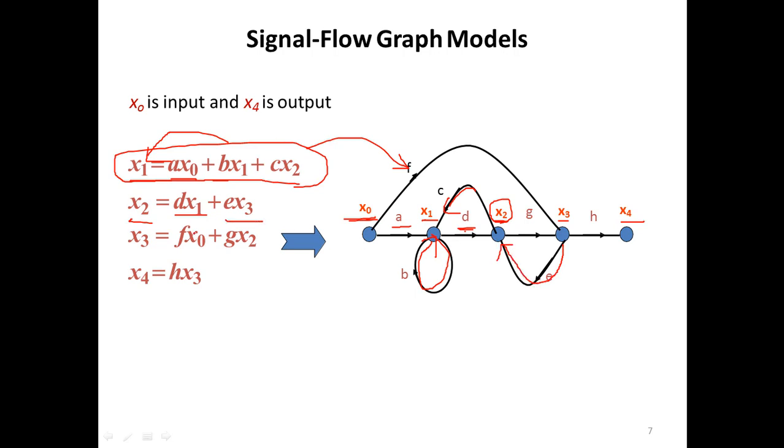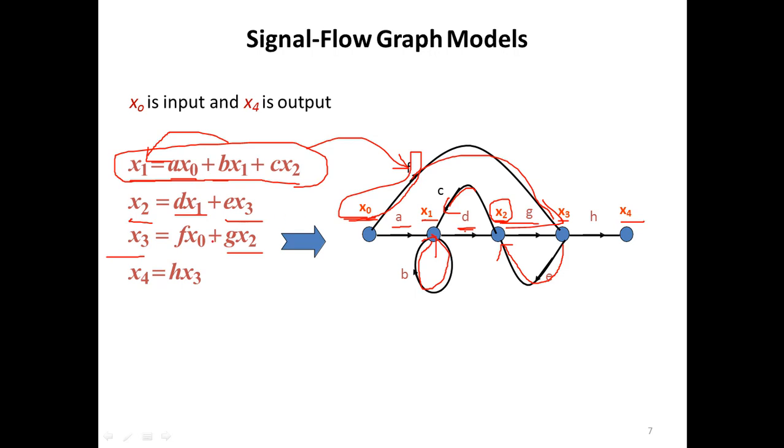Similarly, X3 is nothing but X2 multiplied by G, and X0 multiplied by F. This is also going to be inserted in X3.